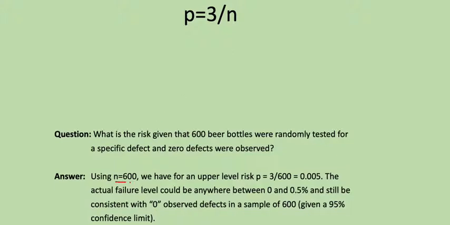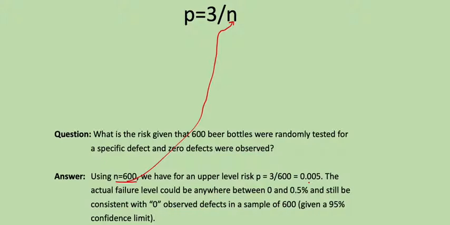So here we have n equals 600, the sample that was tested. From our formula, the upper level risk is P equals 3 over 600, and 3 over 600 equals 0.005.